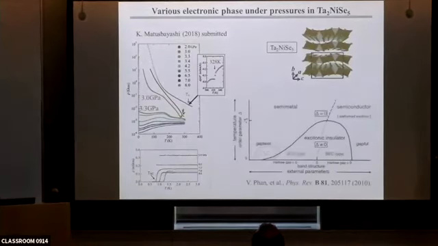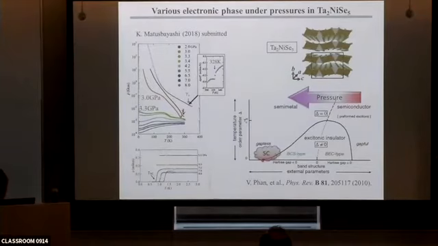This is the electrical resistivity measurement under pressure, measured by Professor Matsubayashi-san. This data is unpublished so far. Interestingly, the insulating resistivity at ambient pressure drastically changed into a metallic one above 3 gigapascal.